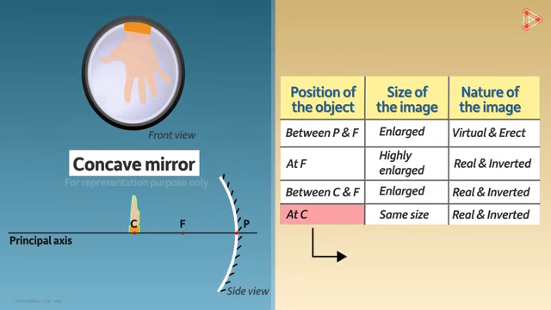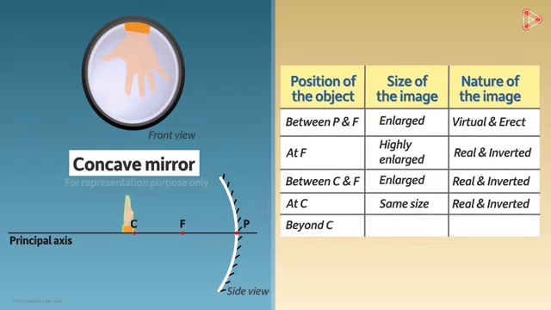Yes, at this point, both the object and the image are of the same size. What next? If I move this object beyond point C, the image remains real and inverted. But now the size of the image is actually smaller compared to the size of the object. So we say that the image is diminished. This is also a real image. As the objects keep moving beyond C, the size of the image keeps on reducing.